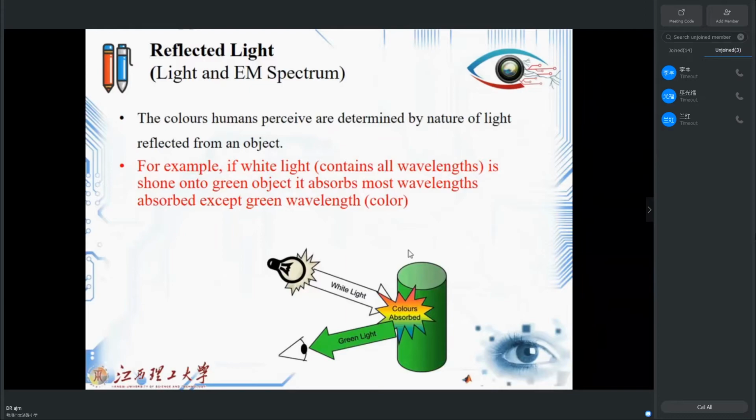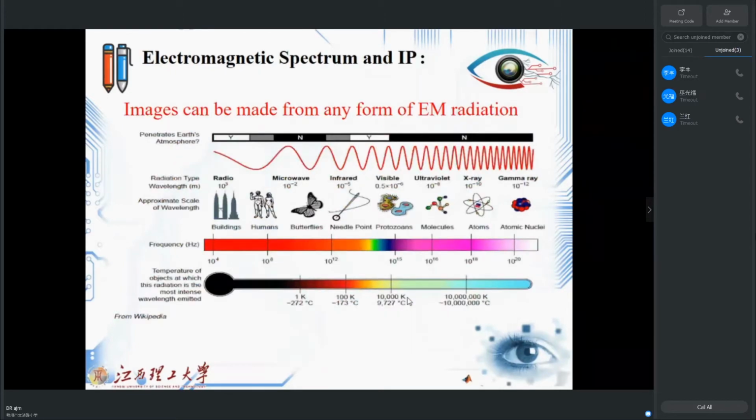Suppose I show here one white light which has all forms of the light range to one object, and here you will see that the observer or eyes can sense the green color from the light reflected by the object. This figure we showed before, but here maybe it has more meaning.